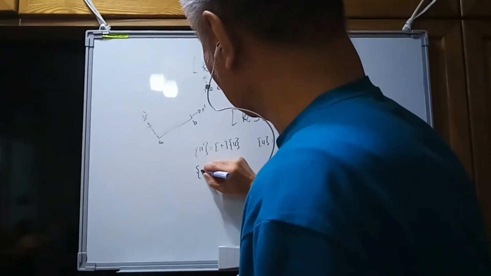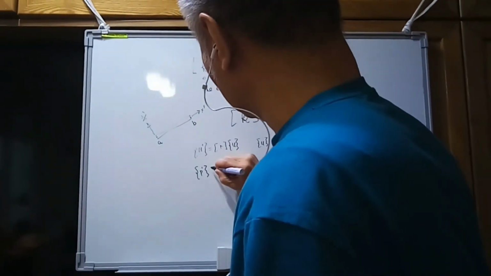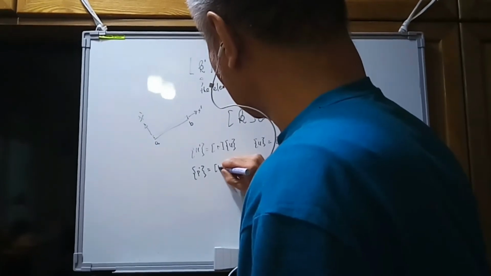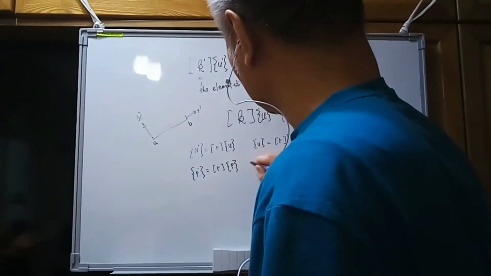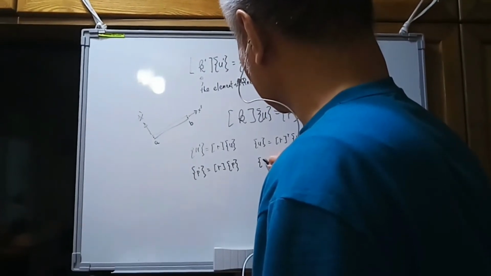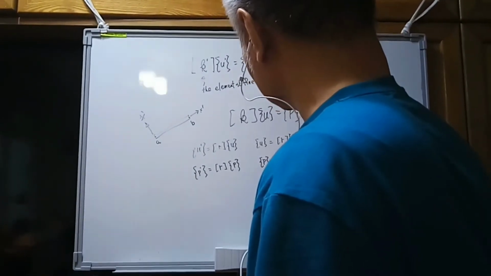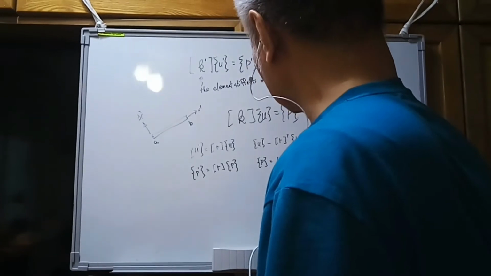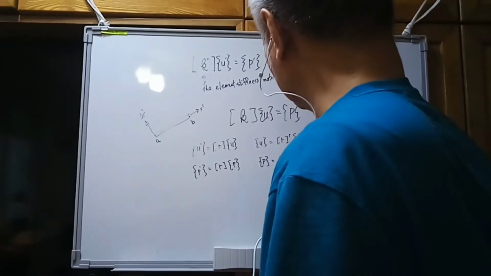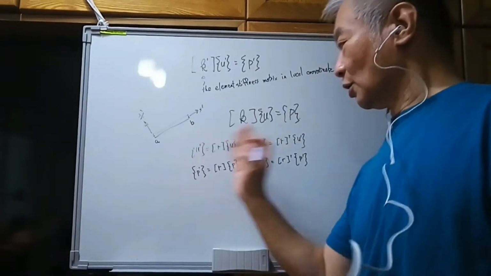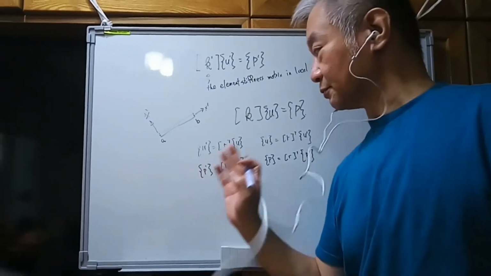And the P prime is equal to the R times P. And also the P is equal to the R transpose P prime. Okay, so we know all these four relationships.